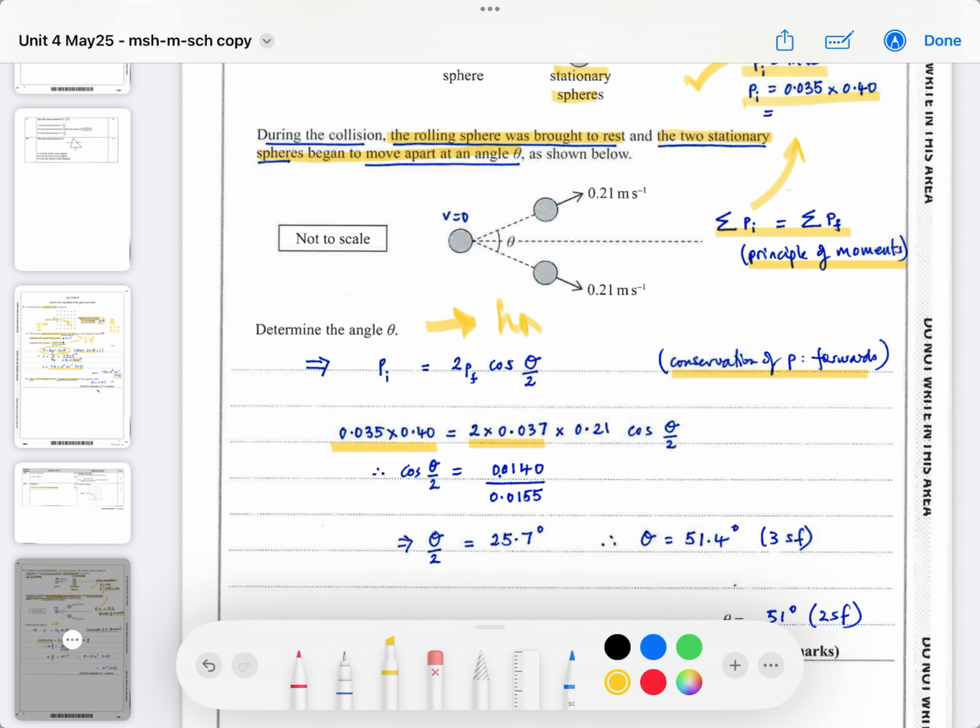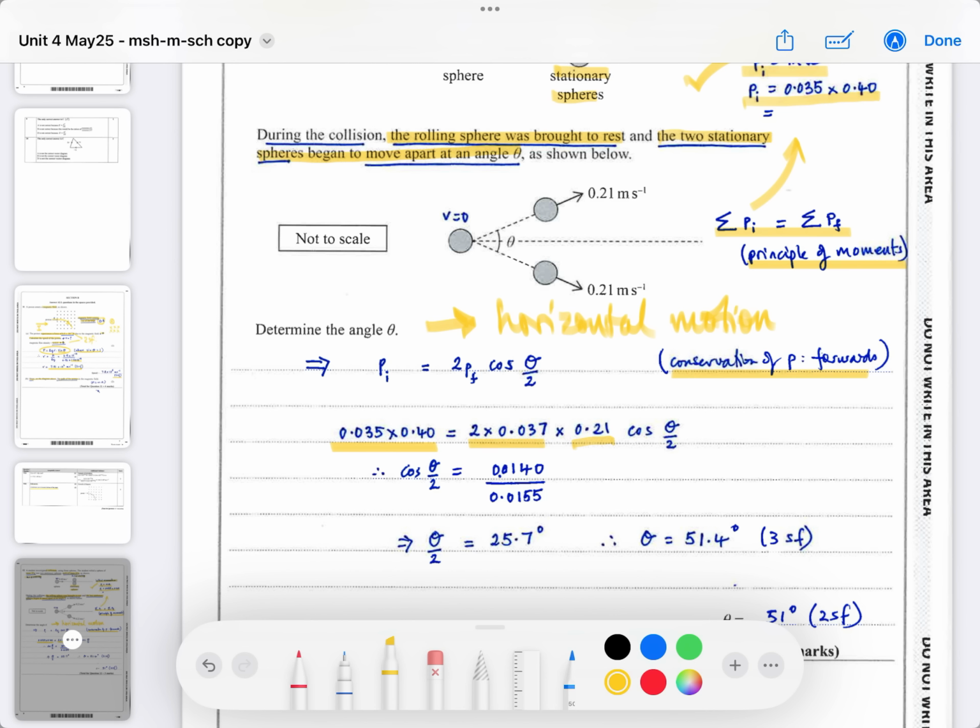So we're looking at horizontal motion. Remember, like in year 12, you could do projectiles by isolating horizontal motion from vertical motion. So then you're multiplying it by the velocity, 0.21, that's given to you.